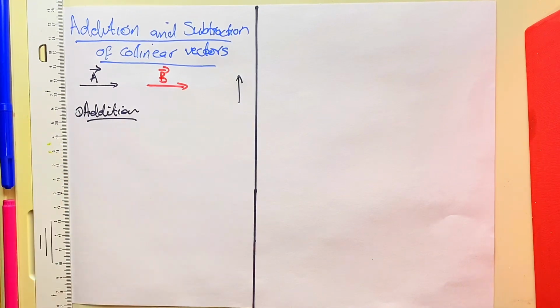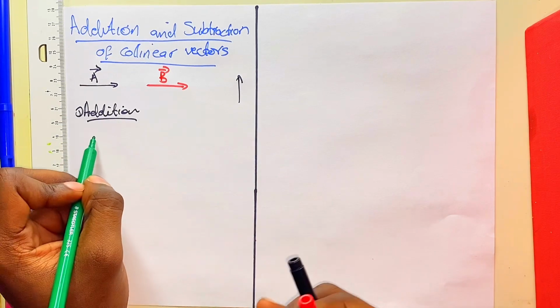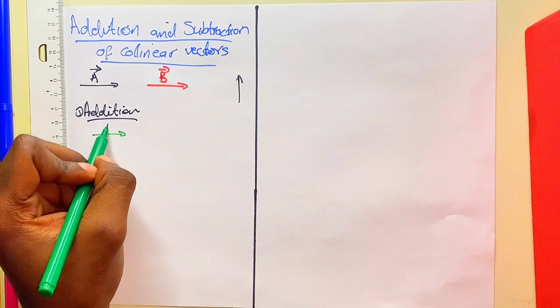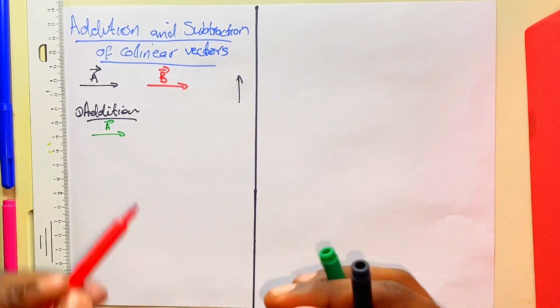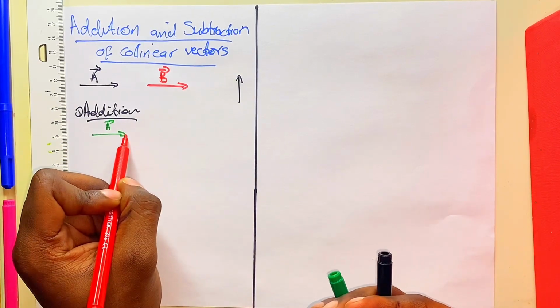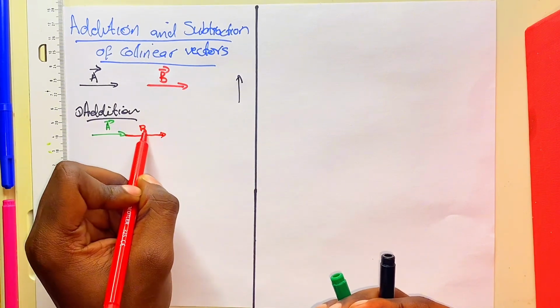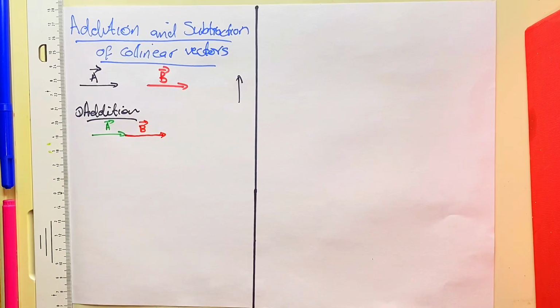Now the way that we add them is that we are going to take vector A, and then after we put vector A, we join vector B. It must touch vector A directly like this and then go in whatever direction it's going in.